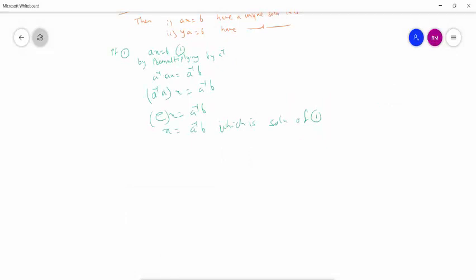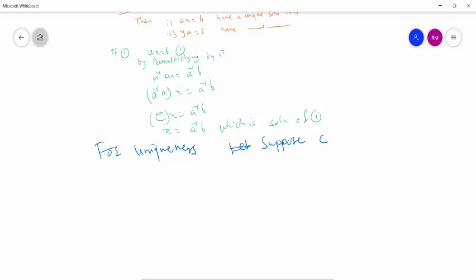So again, for uniqueness, it is better to write "suppose", so that our supposition will be wrong, like this.